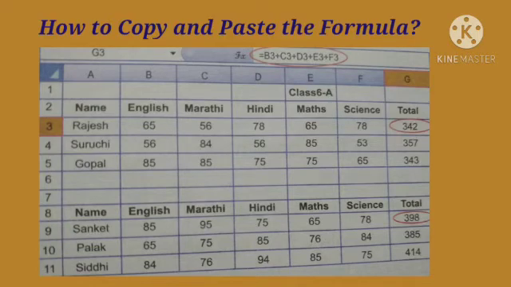Then click on the Home tab and choose the Copy option. Now, where do you want this total? In G9 cell, suppose. Then select the cell G9 and then click again on the Home tab and choose the Paste option. The formula is copied. Repeat the above step to apply the same formula to the other cells.